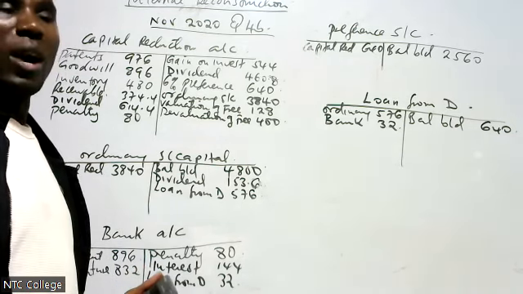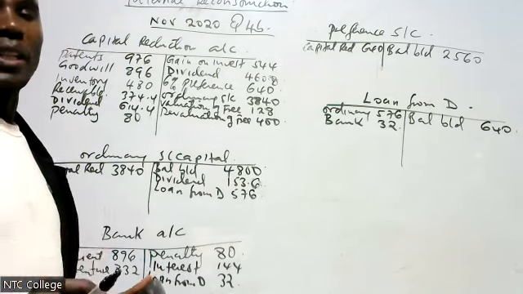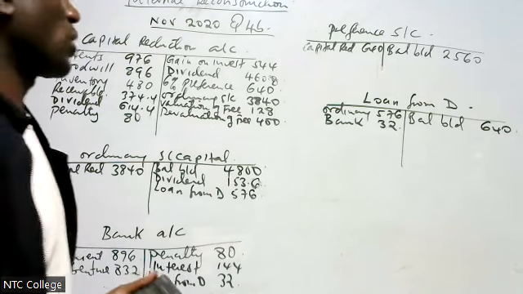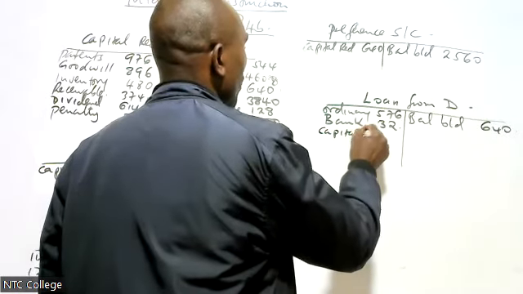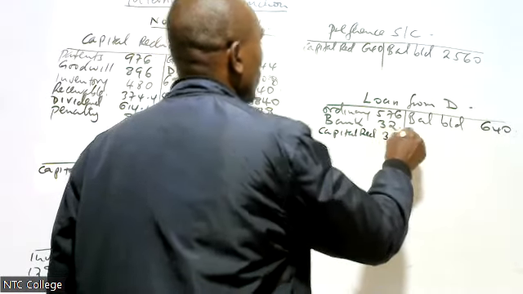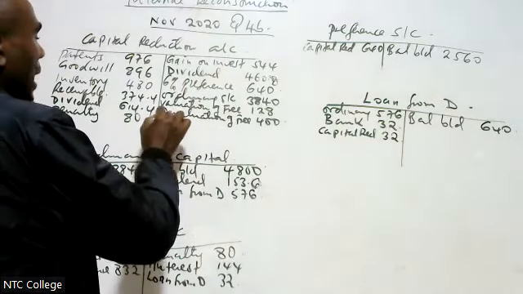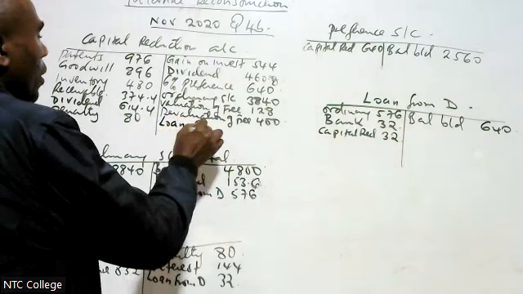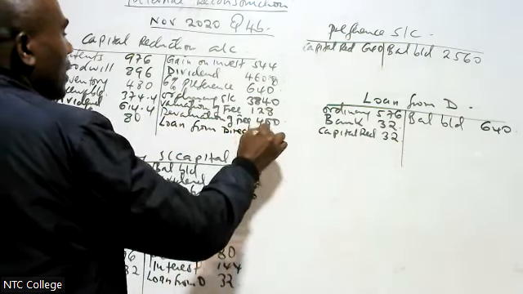Then 5% is to be waived. To waive means you are going to write it off. Anything you write off, you do it through the capital reduction. Therefore, I say here capital reduction 32. Then on the capital reduction, I say loan from directors, which is 32.